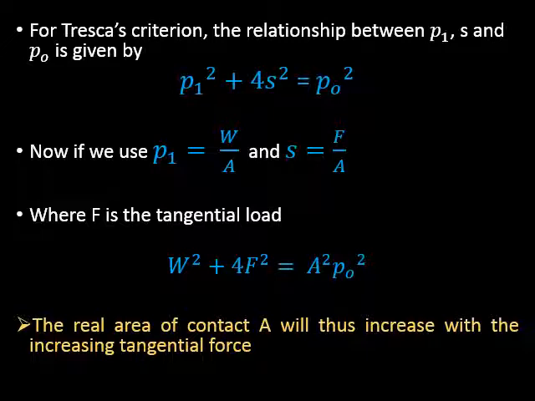So the ratio F divided by W, that is the instantaneous value of coefficient of friction, will also increase with the increase in the tangential load. This process can continue until the entire area of the specimen is in contact.